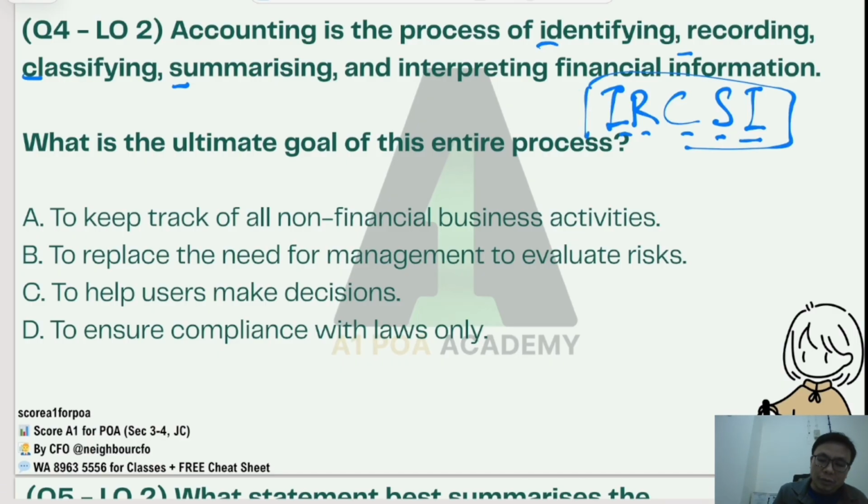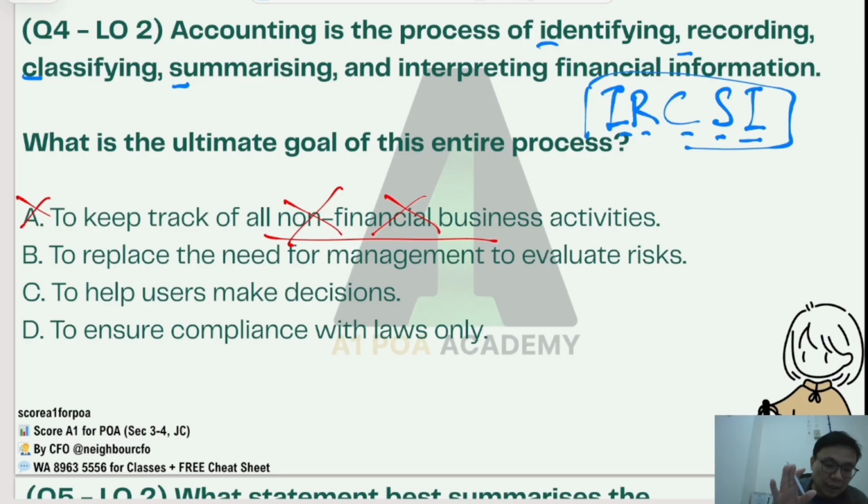A, to keep track of all non-financial business activity. This is no go, right? Because as we mentioned, if you have a cohesion outing with your department, that is not official. That is not a financial transaction. So therefore, A is wrong. B, to replace the need for management to evaluate risk.